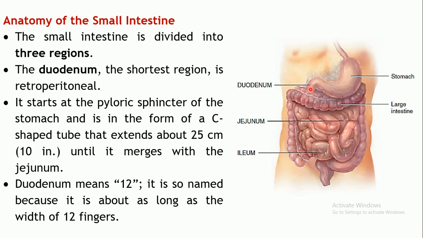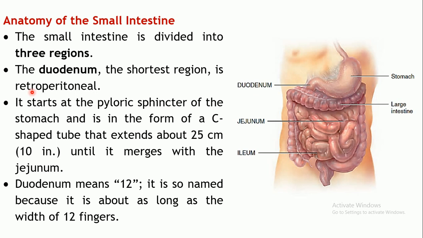So this is the first part, the duodenum. You can see that this is the stomach, so it will begin at the pyloric end of the stomach. The first portion is the duodenum, which is the shortest region of all the 3, and it is retroperitoneal in nature. Remember what is retroperitoneal? We have covered this under the peritoneum, in the overview.